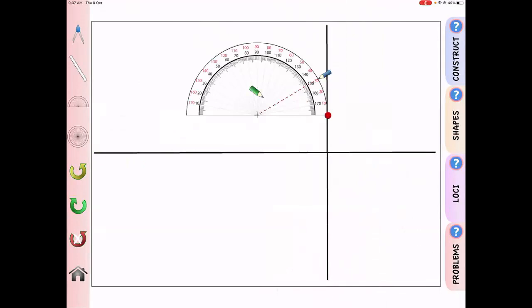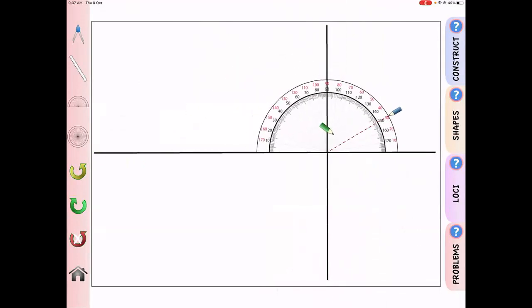So this is the origin here. Let me just draw the 60 degrees. So this is 60.